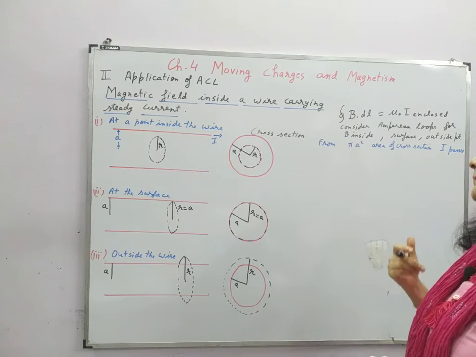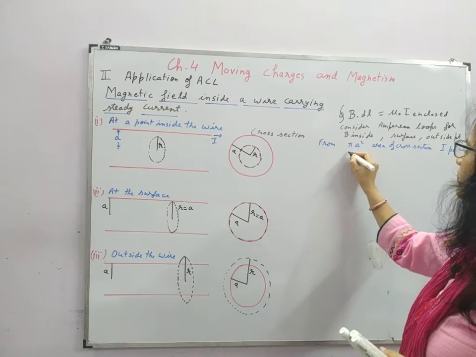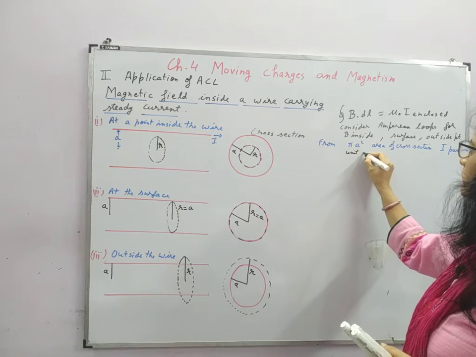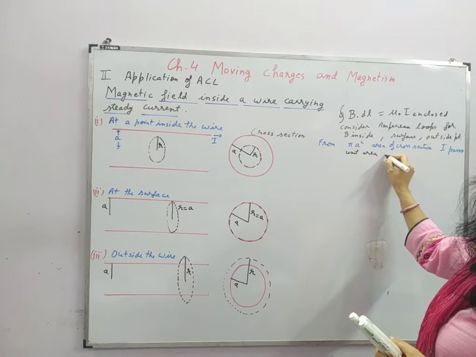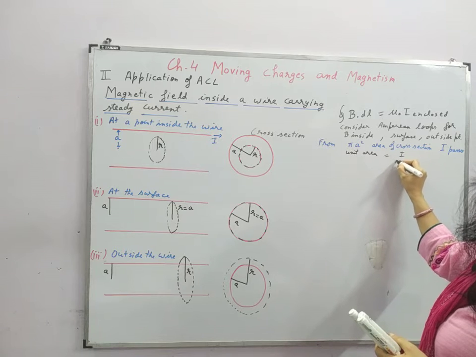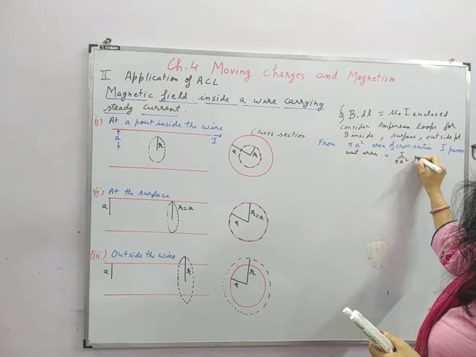Yeah, we can use the unitary method in steps. So from unit area, I upon pi a square will pass.